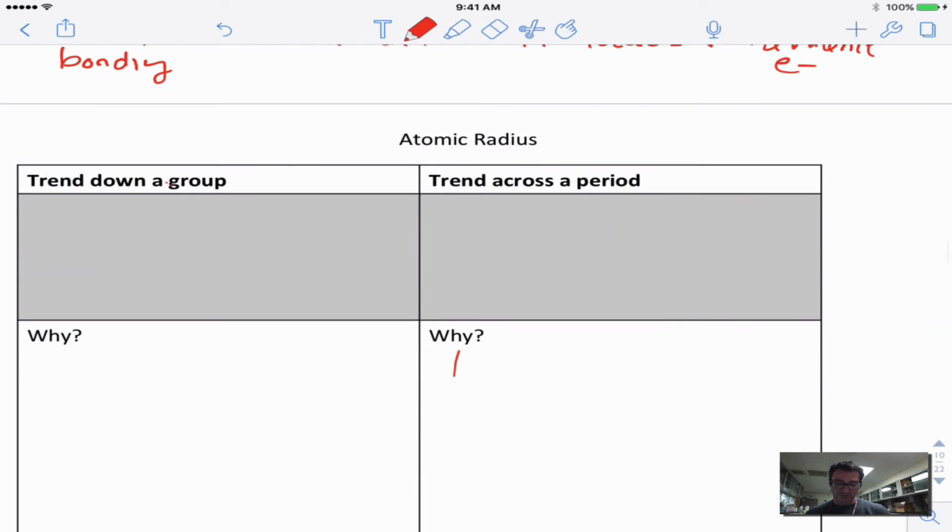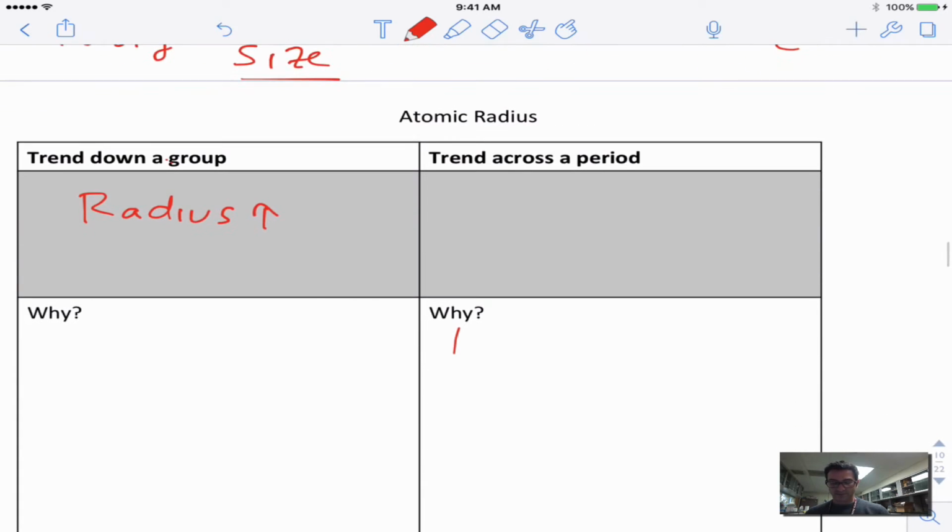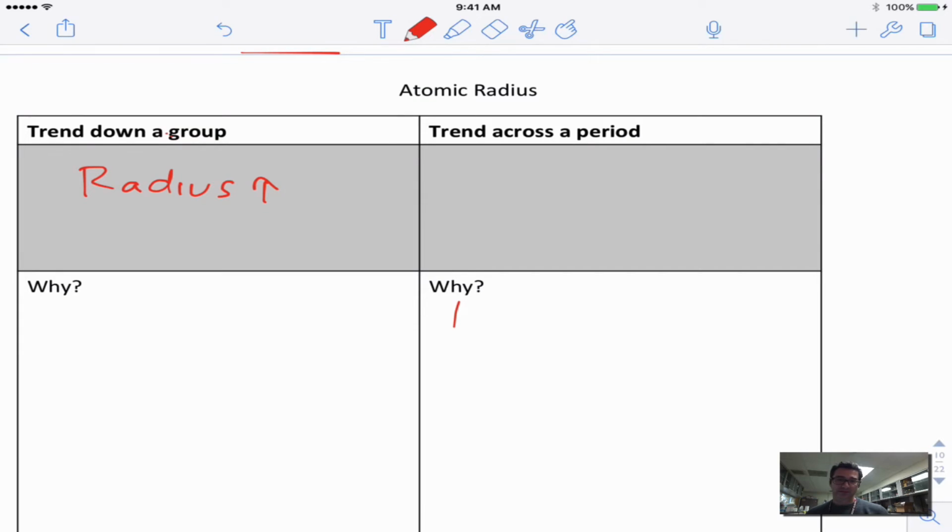Okay, so let's talk about atomic radius. This is the distance, the size of the atom, basically. So let's look at this trend going down a group. If I go down a group, the radius is going to increase. Why would a radius increase going down a group? Well, let's look at group 1.